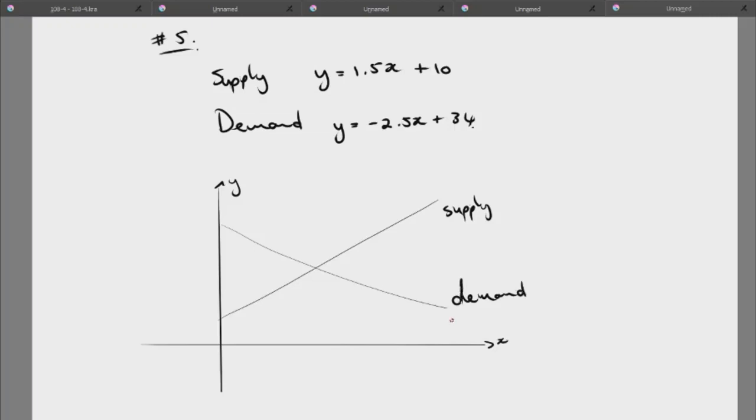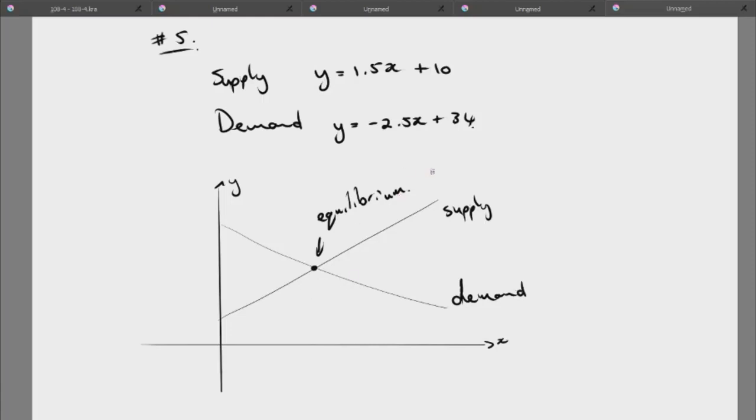And the price settles down at what we call here the equilibrium price, where the supply and the demand match each other perfectly. So if I have the two functions, the two equations, the equilibrium point is where they intersect.